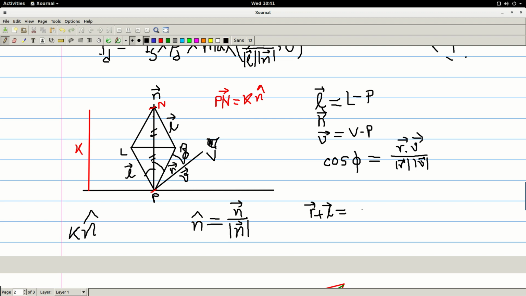So the problem at hand is really, we want to find out the R vector. That was the real problem, and it's possible now if we can take this L vector and put it on this side, but even to get there, what we need to know is this k value, because we can find out this n vector, unit vector n quite easily by dividing n by its magnitude.